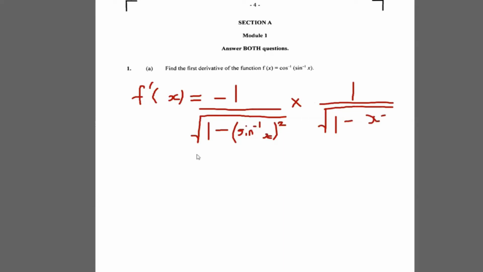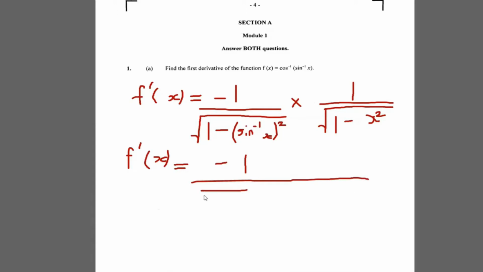Now, if you want, you can just put them together to say, okay, that means the derivative f prime of x is equal to, when you're multiplying two fractions, you multiply across their numerators, so it's minus 1 over, when you're multiplying the denominators, you can just put it as one square root.